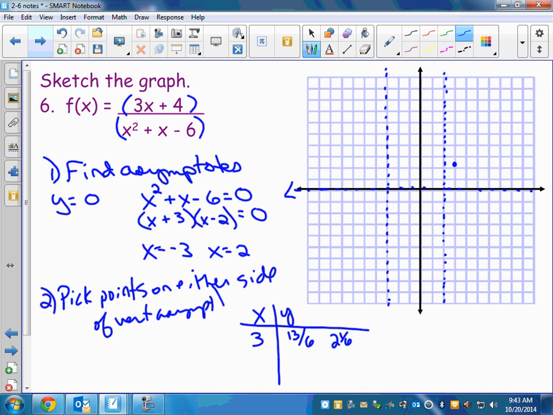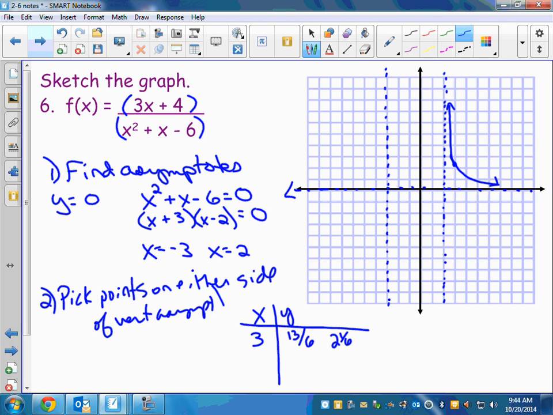But I know for sure this side has to go up towards this asymptote, and this side has to come down towards that asymptote. So I'm just going to wing it. I do want to see at least 1 point out there.